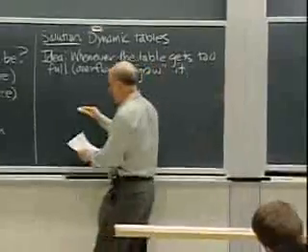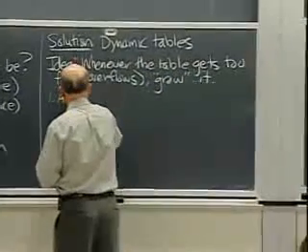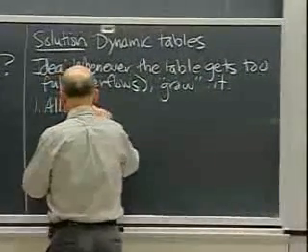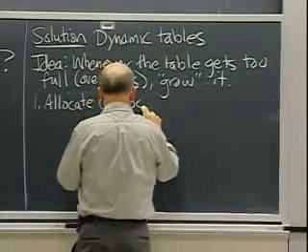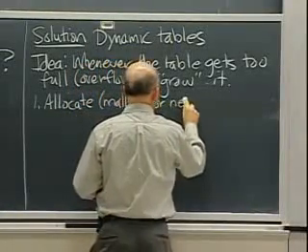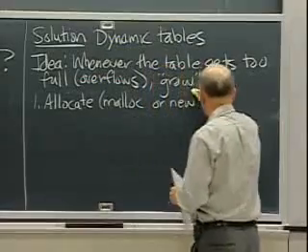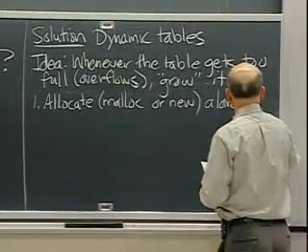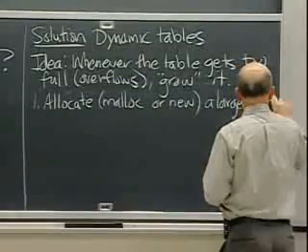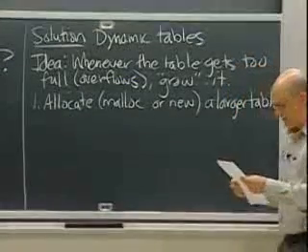So the way we do that is we allocate, using, in a language like C, it's called malloc, or in a language like Java, called new, a larger table. So we create a larger table.